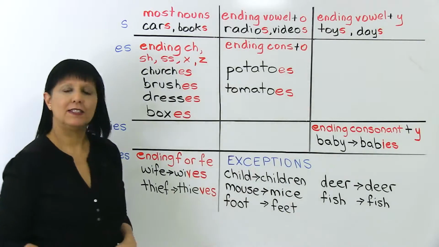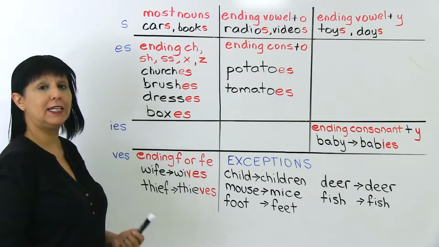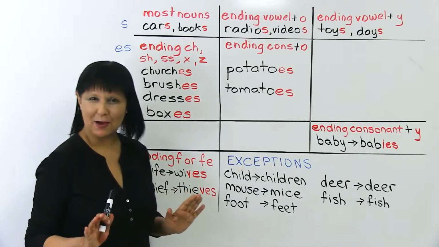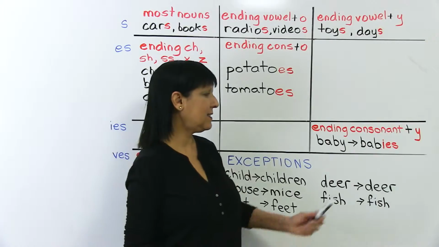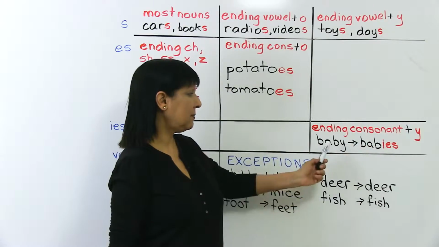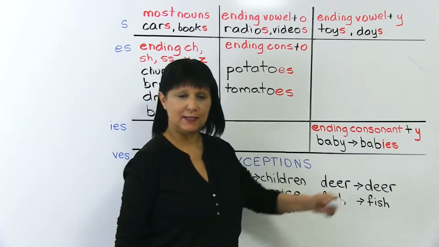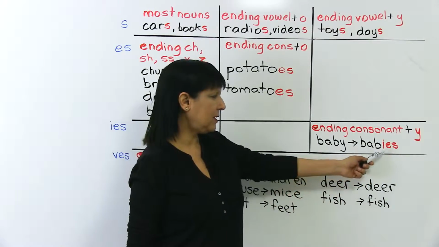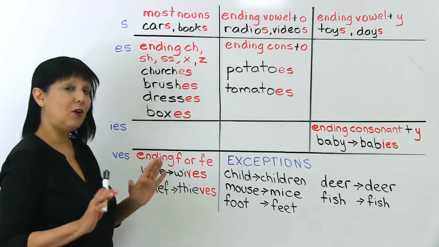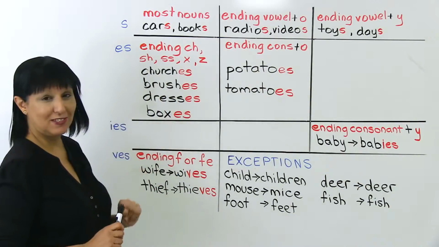All right. Sometimes we need to add IES. Luckily, not very often. When does that happen? When the word ends in a consonant plus Y. For example, baby, babies. All right? It became babies with an IES. All right. You're almost done with the exceptions here.